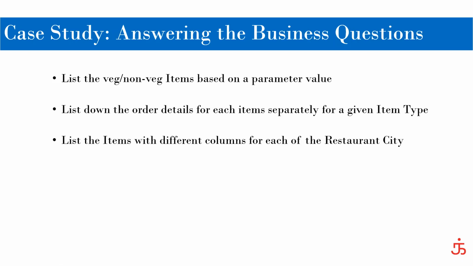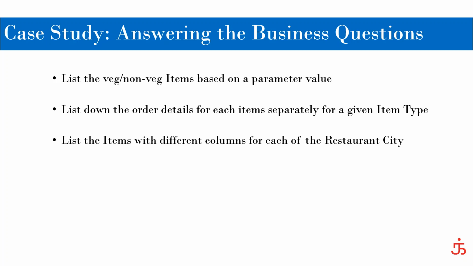So far we haven't used any parameter. We are going to see for the first time how we can define and use a parameter, like a variable. By changing the variable value or assigning a value, we can control the flow and the output. And then we are going to list veg versus non-veg items based on a parameter value.